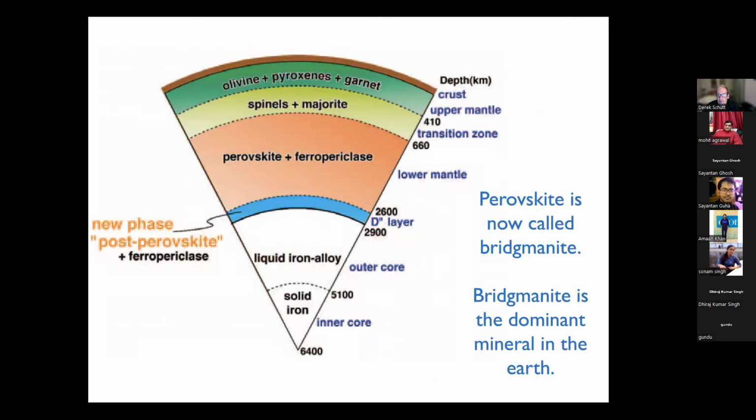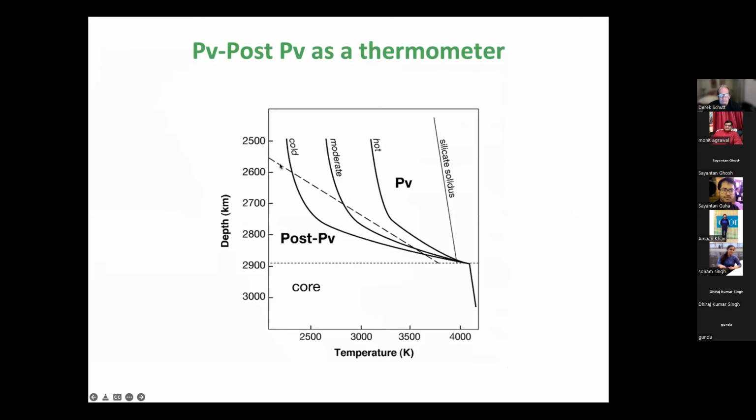So we want to repeat, perovskite is now called bridgmanite, and bridgmanite is the dominant mineral in the earth, just because it takes up so much of the volume of the earth. So post-perovskite and perovskite, this dashed line is the Clapeyron slope.